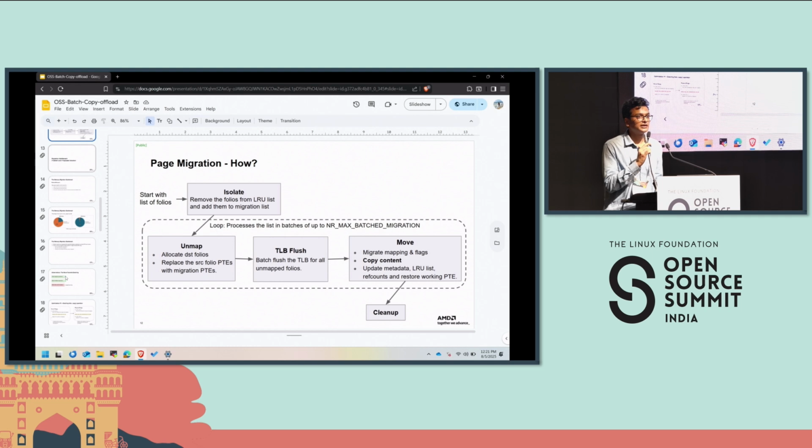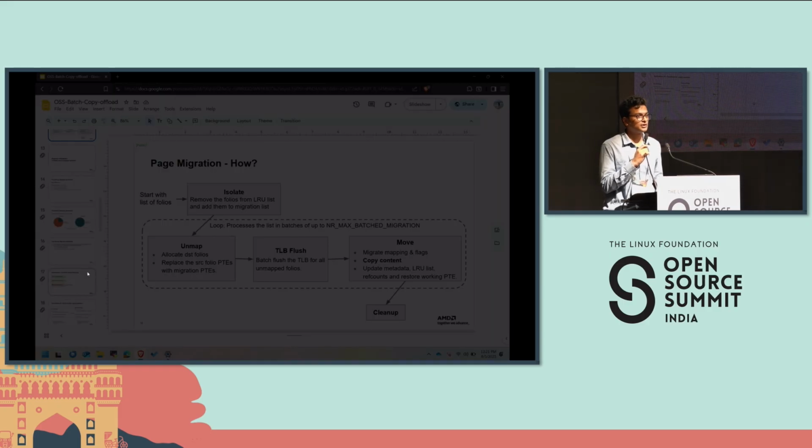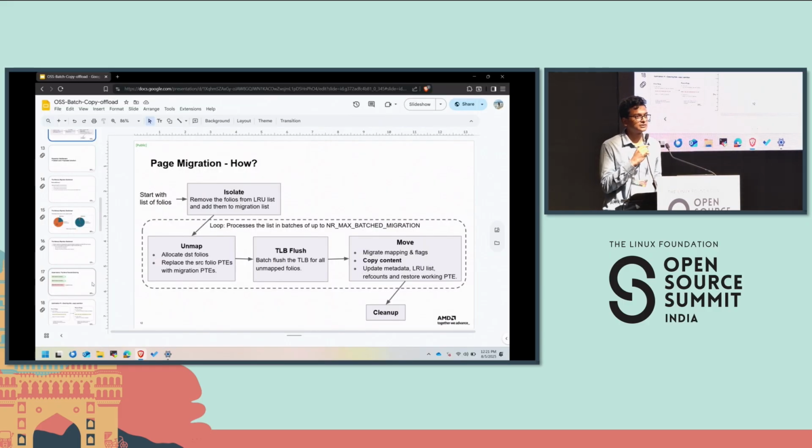Yeah, I posted it around March, before the registration of OSS. We got some comments from community folks at LSFMM, so I'm working on them. And Zi from NVIDIA is also looking into it from a different use case. Okay. Thank you.